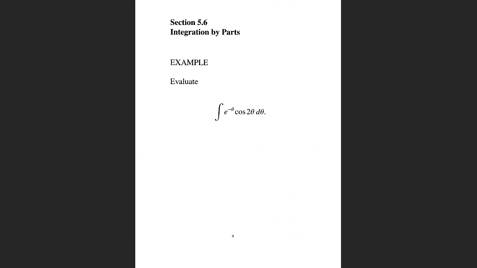So this problem, how do we know that integration by parts is going to be helpful? Well, the integrand is the product of two functions that are very different. There's no connection between e to the negative theta and the cosine of 2 theta.